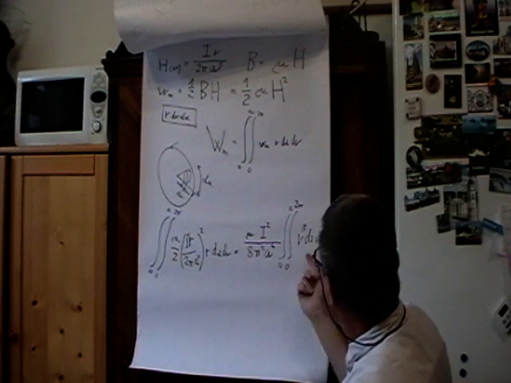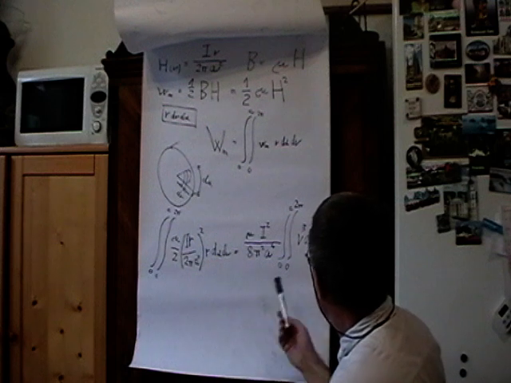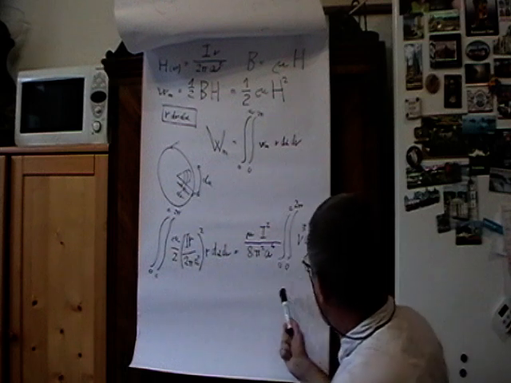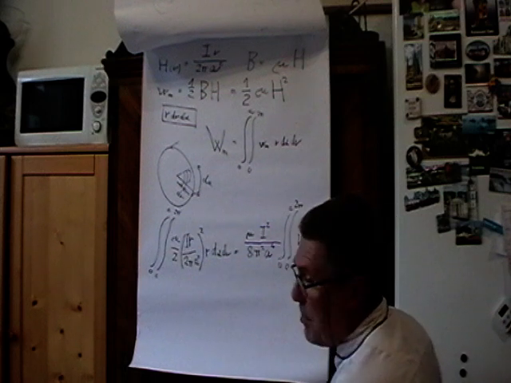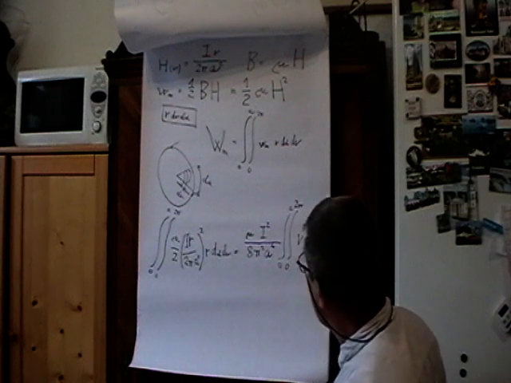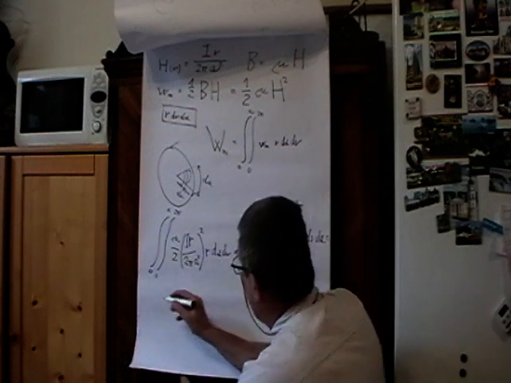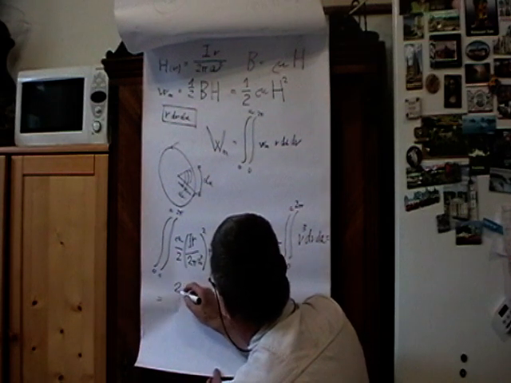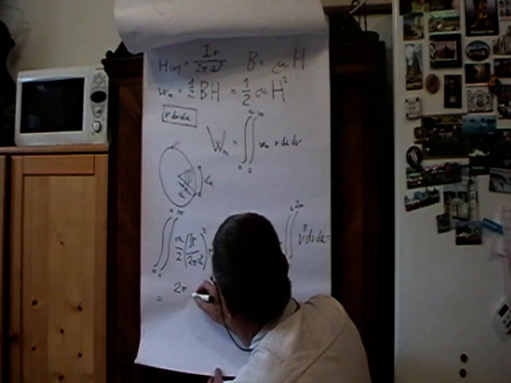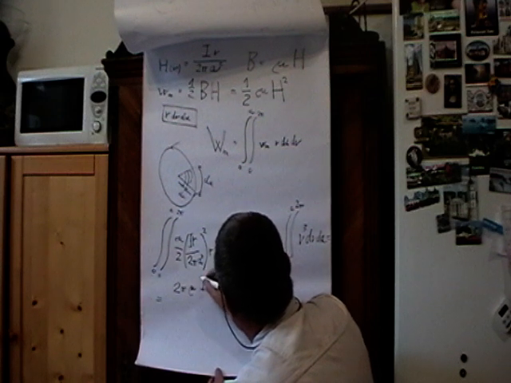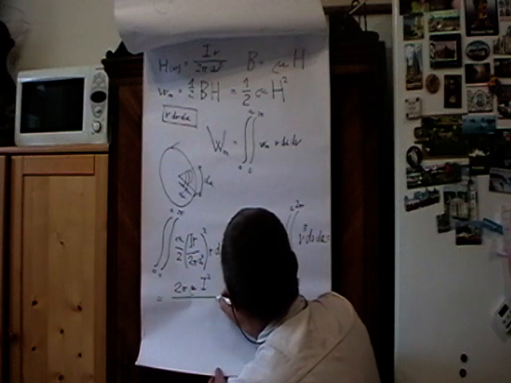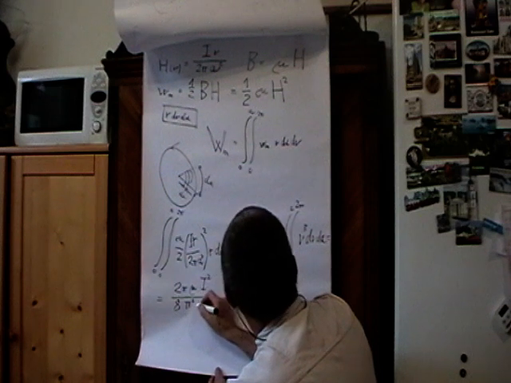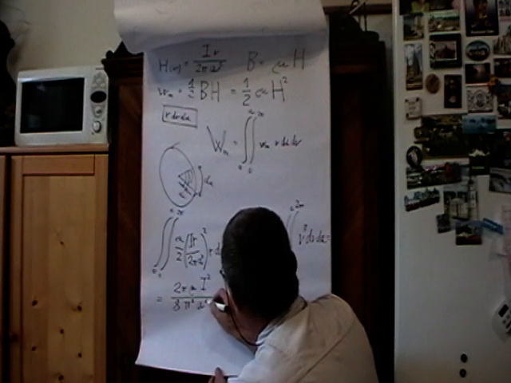As to alpha, this is a constant, so we will get alpha as the primitive function, and this integration results in a multiplication by 2 pi, that's the whole. So again we have 2 pi mu I squared divided by 8 pi squared a raised to the fourth power.